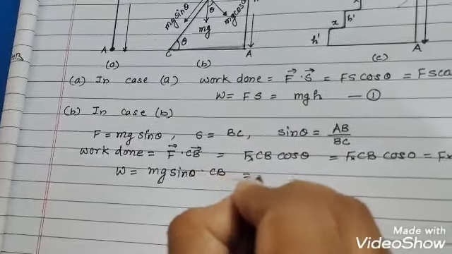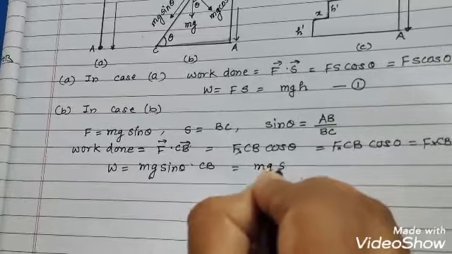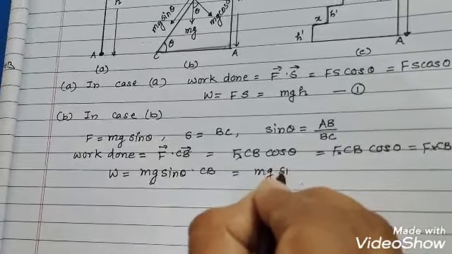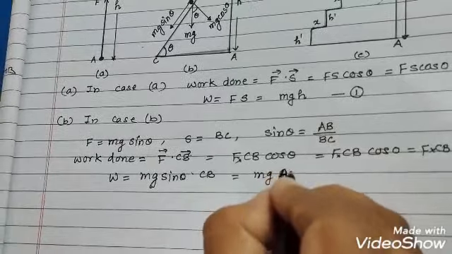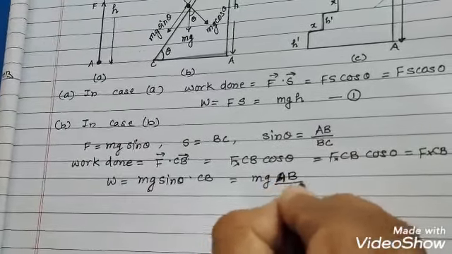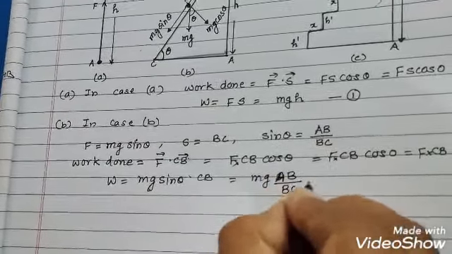Now this is mg sin theta, but sin theta we can write as AB upon BC, multiplied by CB, which is also equal to BC. So CB would be cancelled here, and the work done is equal to mg into AB.